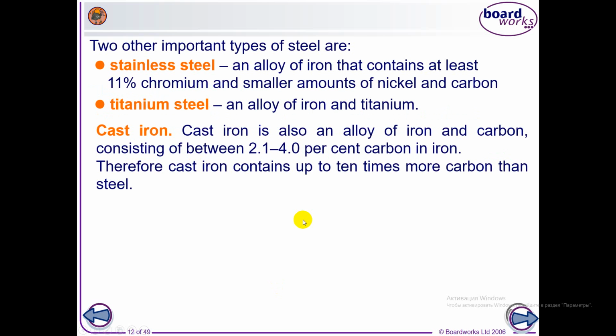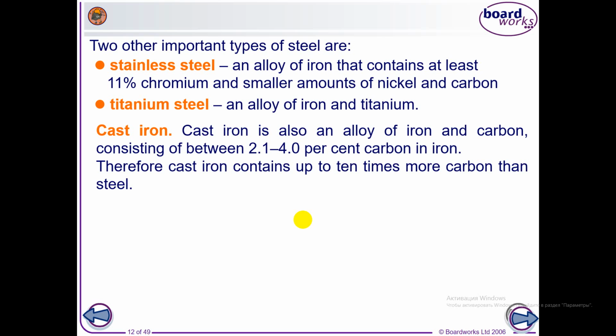Next, cast iron is also an alloy of iron and carbon, consisting of between 2.1 and 4% carbon in iron. Therefore, cast iron contains up to 10 times more carbon than steel.